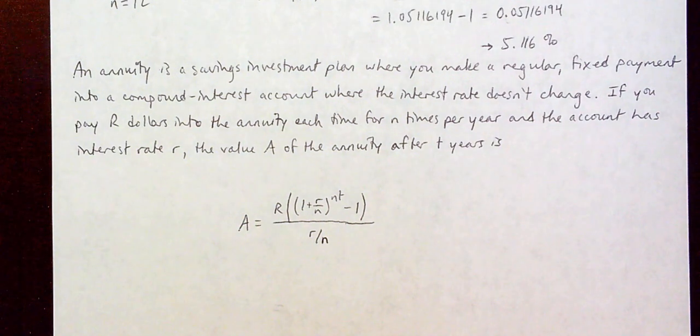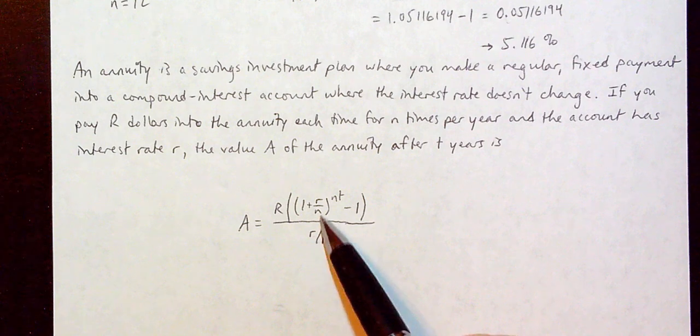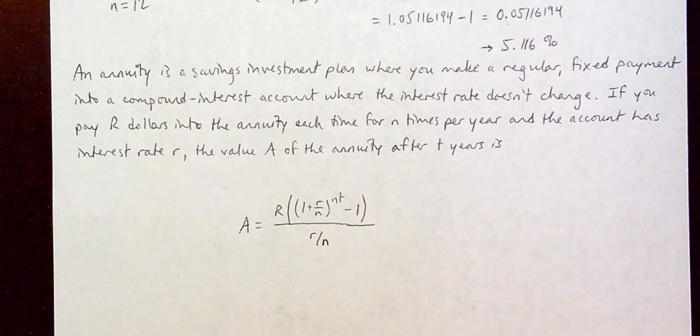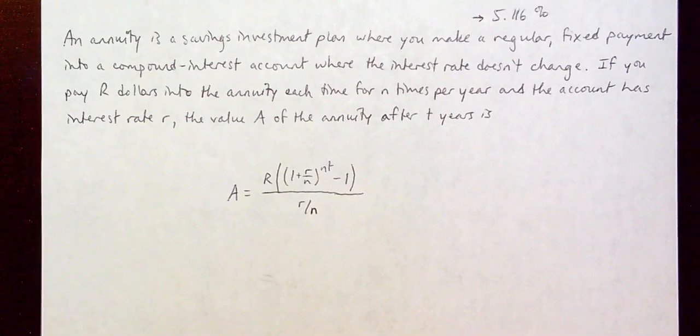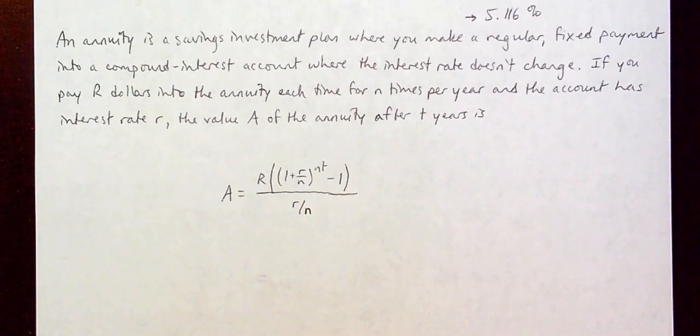So a lot of stuff happening there. But each of these pieces, capital R, little r, n, t, would be given to you within the problem, or would be known, and you could calculate what the future value of this is going to be after T years.